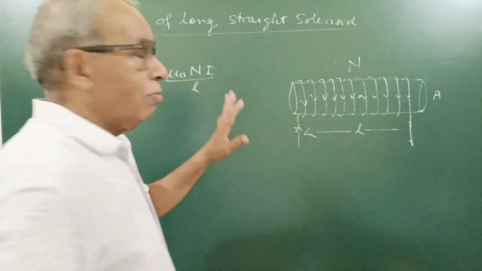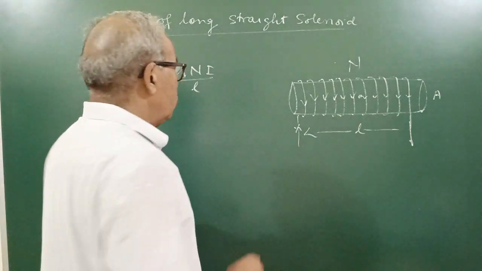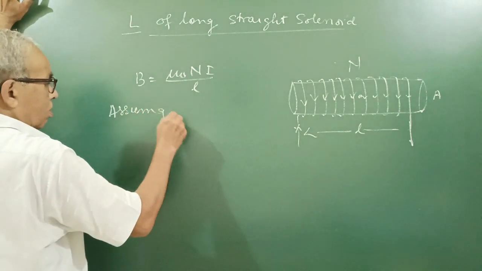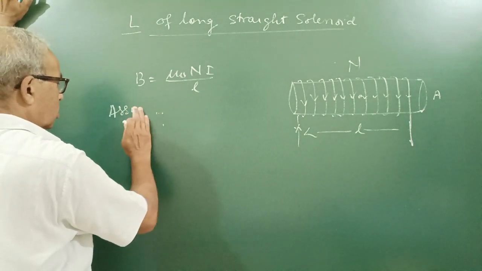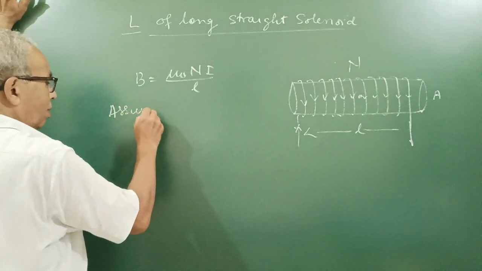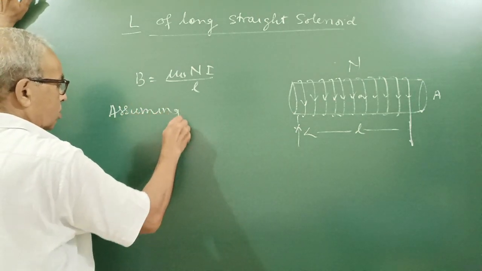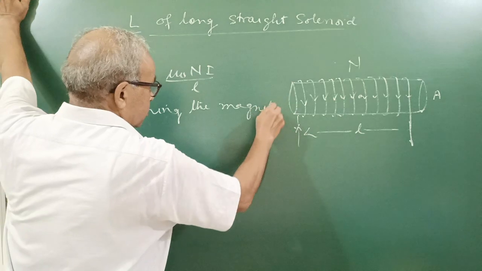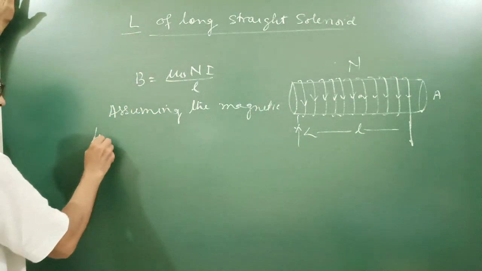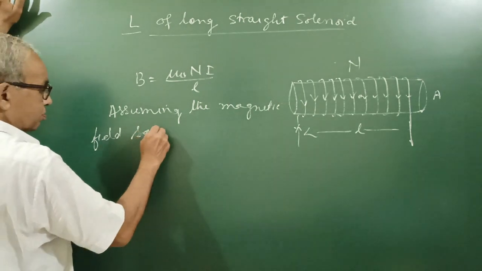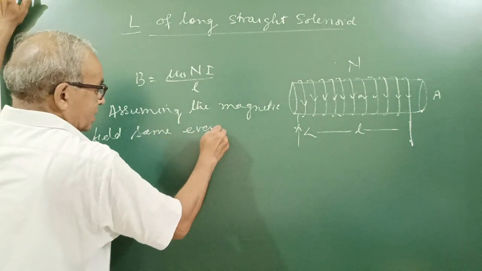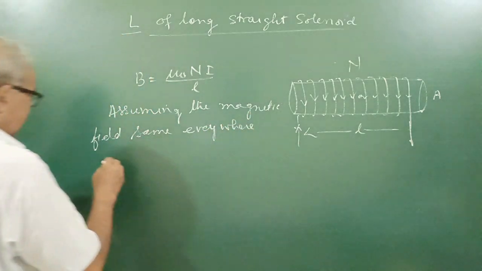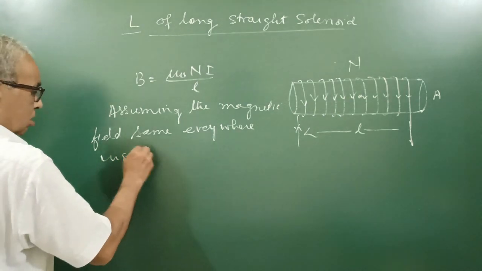At the ends it is half, but we can assume this field constant, assuming the magnetic field B same everywhere inside the solenoid.